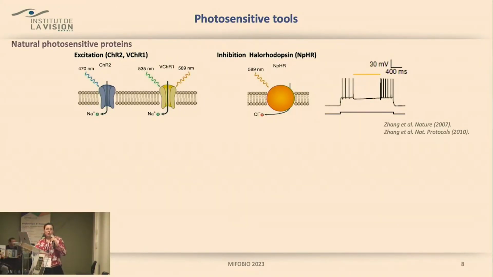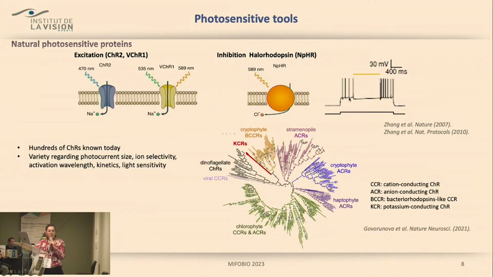Actually, nowadays there are proteins that can be excited at different wavelengths, or even proteins that inhibit neurons instead of exciting them. There are hundreds of channelrhodopsins today, which differ in the photocurrent size they can produce in neurons, and in ion selectivity, whether they permit sodium or other types of ions to go through the membrane.